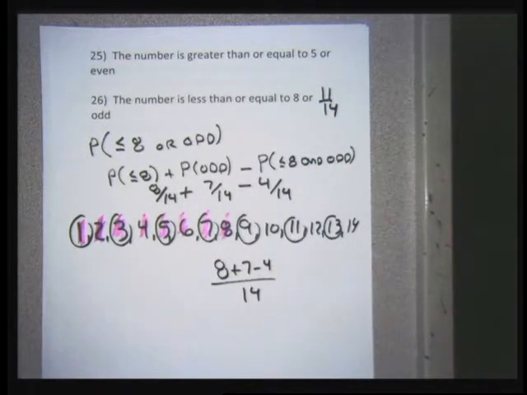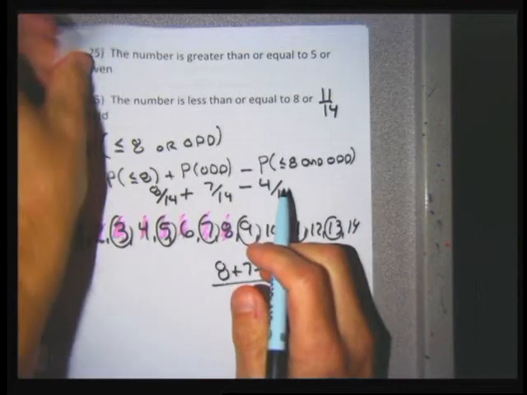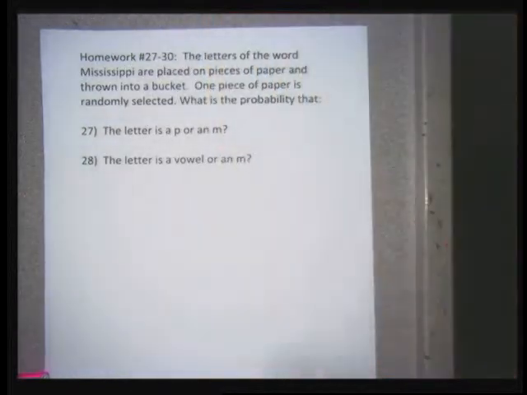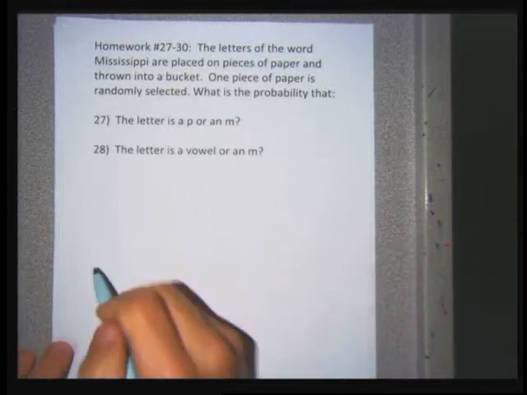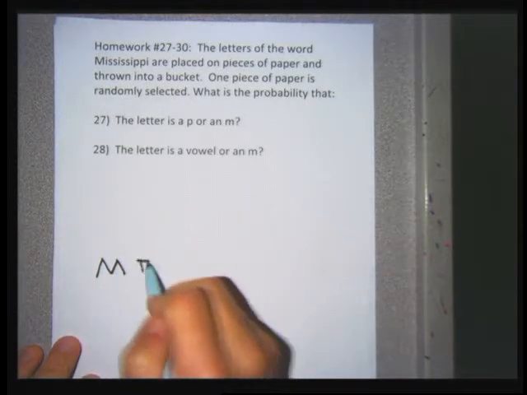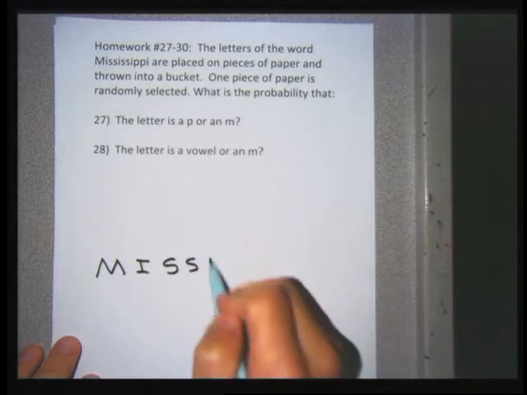One more set of problems, and it's a little bit different, but it's not really different. It requires some English skills, I guess, that maybe we don't want to have right now. So the letters of the word Mississippi are placed in pieces of paper and thrown into a bucket, and one letter is pulled out. So my sample space are the letters in Mississippi that get tossed into a bucket.